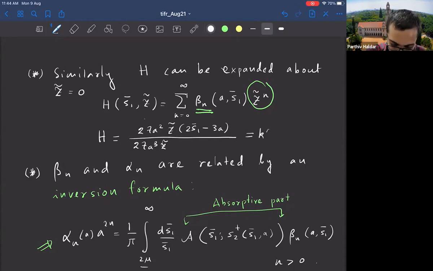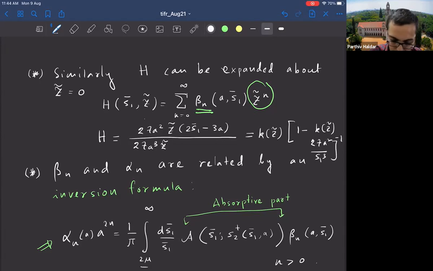So this is like 1 minus some factor, which is 27 mu squared by S1 cubed.